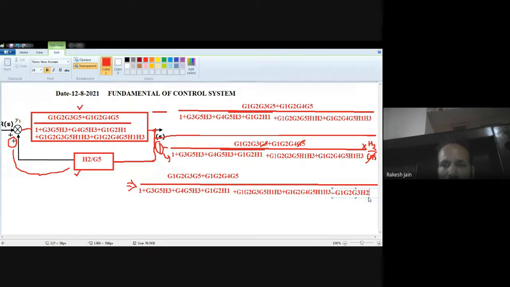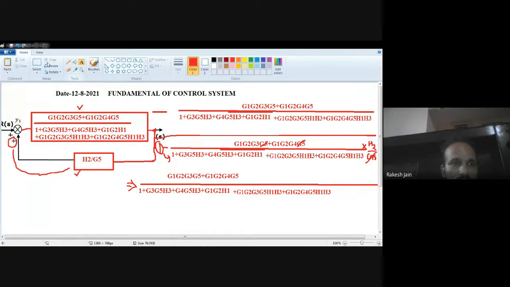Okay, then because outside minus is there, once again there will be minus, and it will be G1 G2 G4 H2. Due to lack of space, I just move it a little bit left.